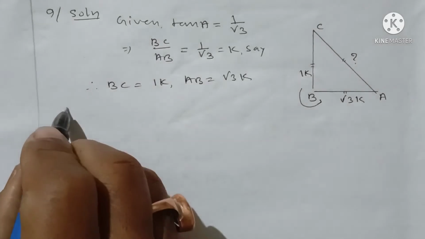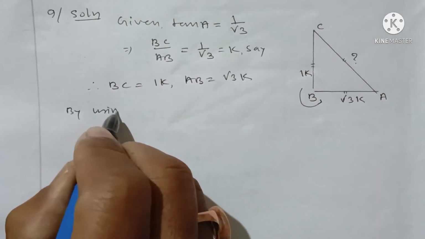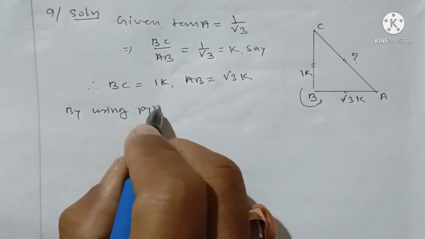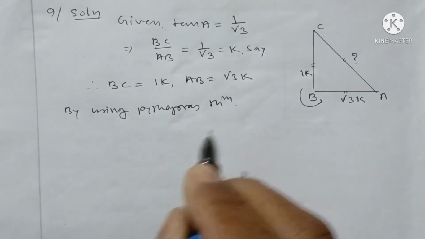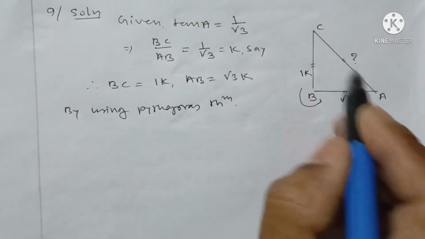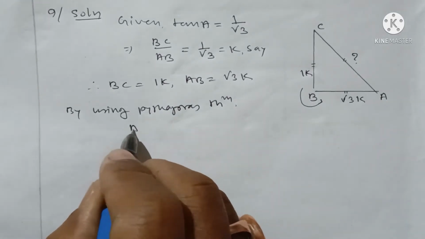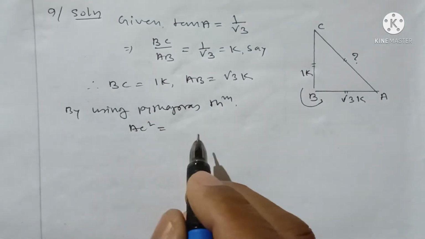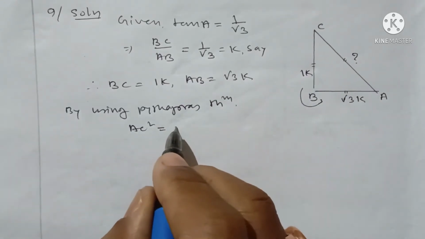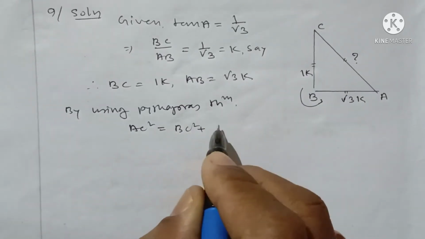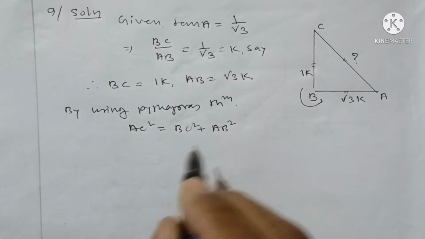Then by using Pythagoras theorem, the square of the hypotenuse AC square is equal to the sum of the squares of these two sides, BC square plus AB square.